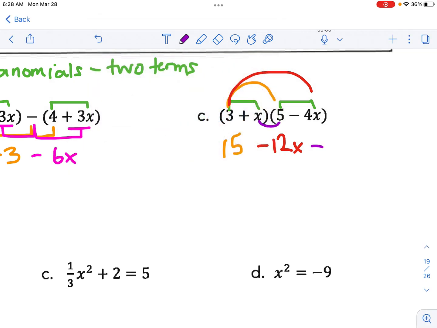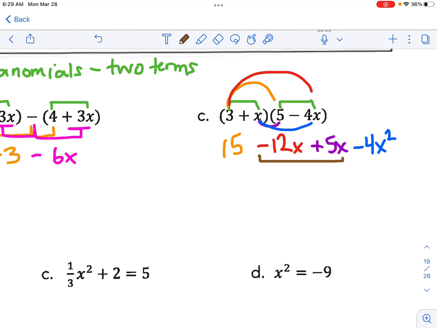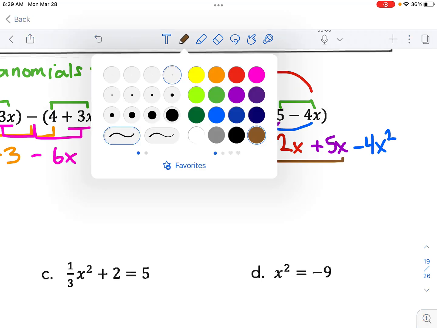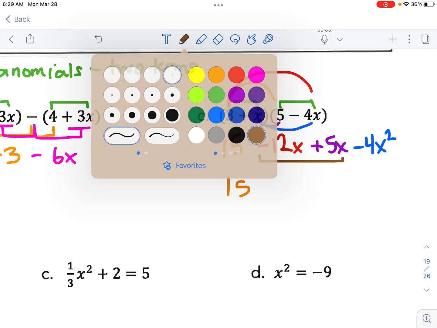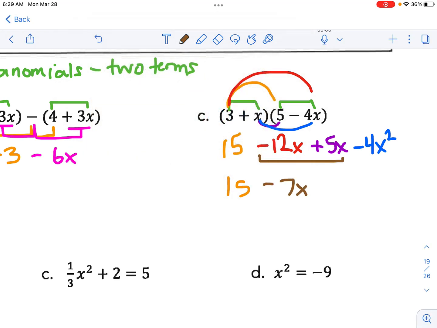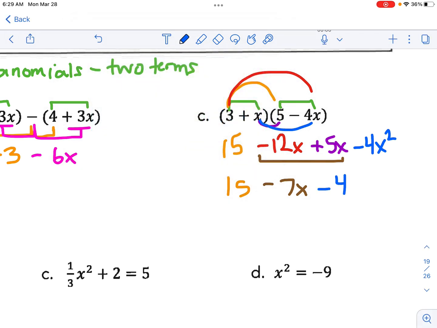And then we can go x times 5, which is a positive 5x, and x times minus 4x, which is a minus 4x squared. Then we can combine the like terms here, and we get 15 minus 7x minus 4x squared.